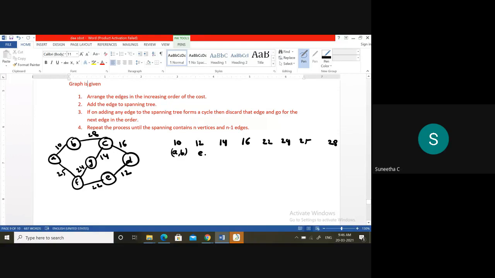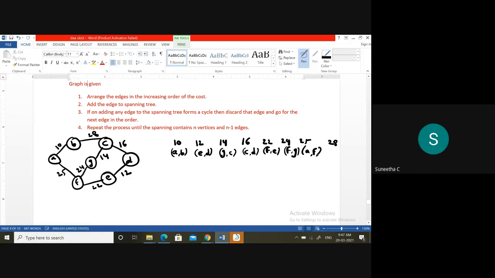ED or DE. Next, 14 is the cost of GC. Next, 16 is the cost of CD. Next, 22 is the cost of FE. Next, 24 is the cost of FG, or GF, anywhere you can write. 25 is the cost of AF.